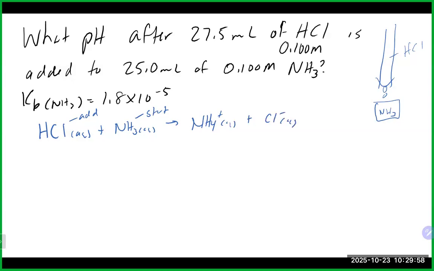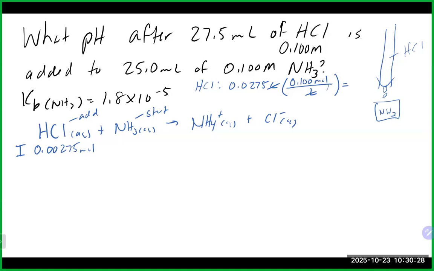Obviously here we do need to do this in moles. So we can get our HCl moles by taking 0.0275 liters, which is our 27.5 milliliters converted to liters, times the molarity, 0.1 moles per liter. The liters cancel, and that gets us 0.00275 moles.